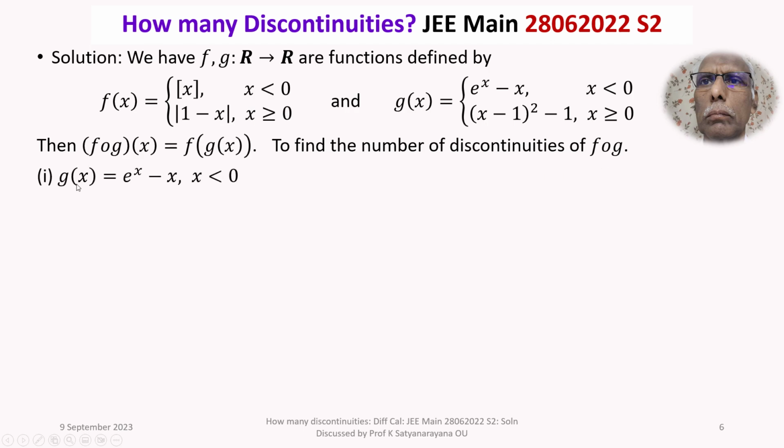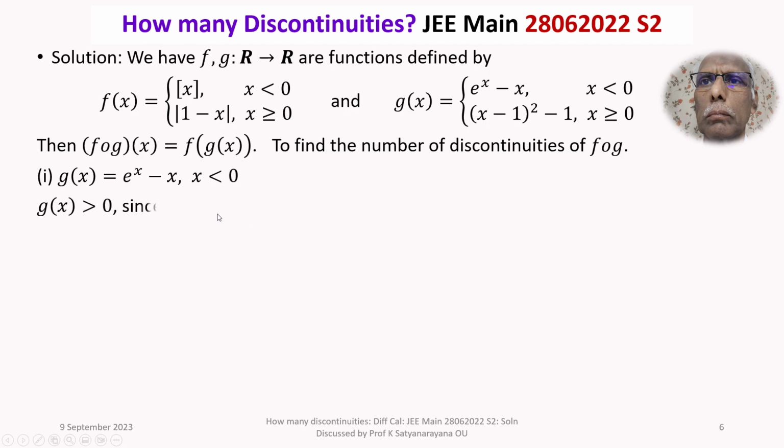Now first let us take g of x and see how g of x behaves, whether g of x is greater than or equal to 0, or g of x is less than 0. First we take g of x equal to the first branch of g of x. It has two branches: e power x minus x when x is negative.